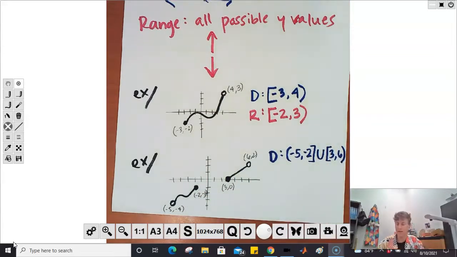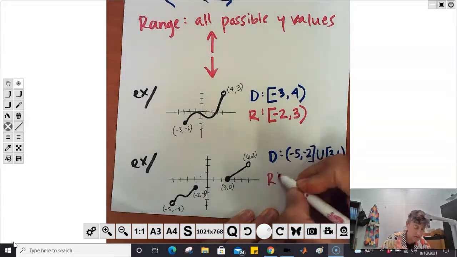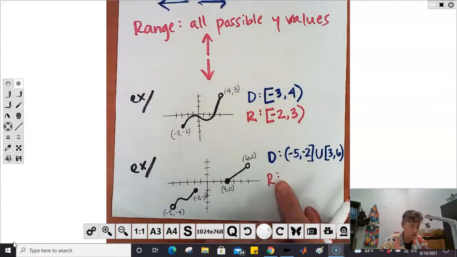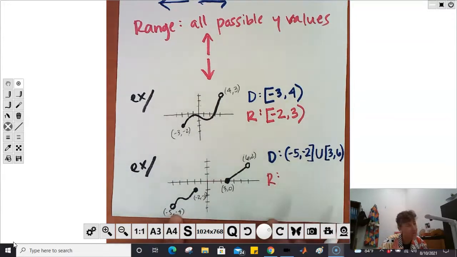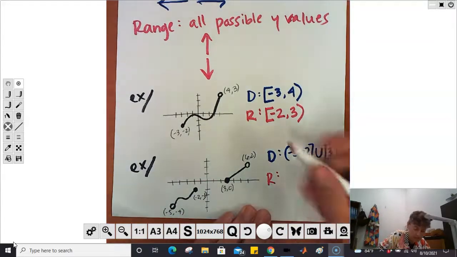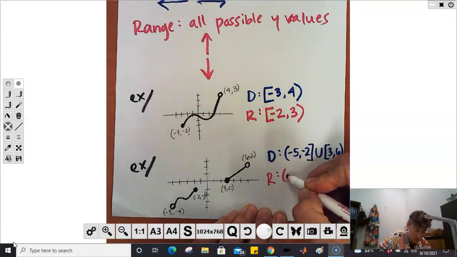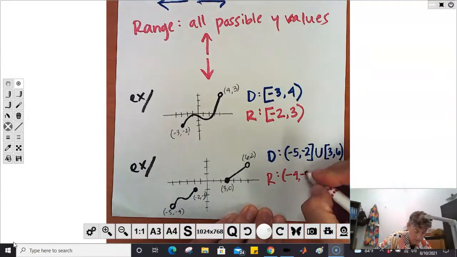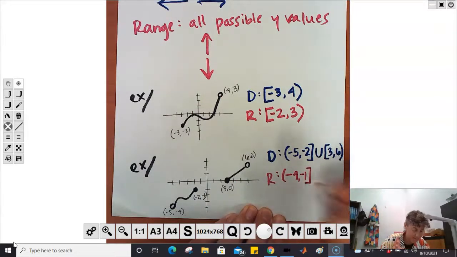All right, let's look at the range. Range is up and down, possible y values. What's the lowest we ever get? -4, but not quite because it's an open circle. So we're going to use an open parenthesis there, -4, up to, we get up to -1, and we actually touch it because it's closed. -1, close that with a bracket.